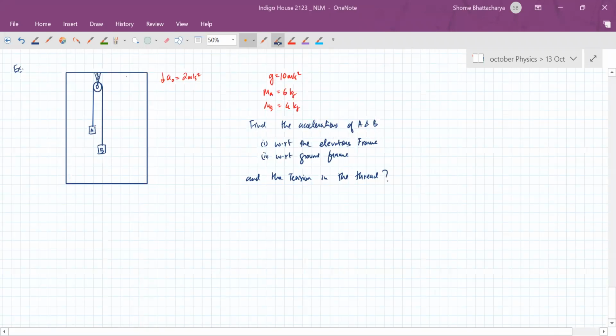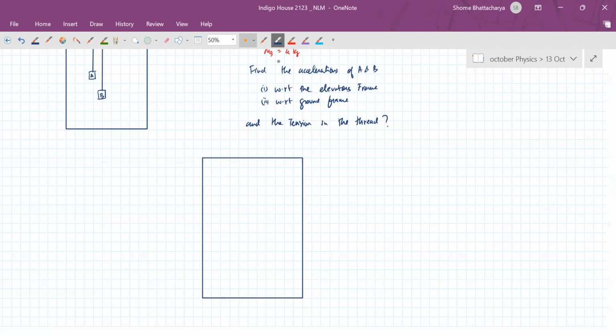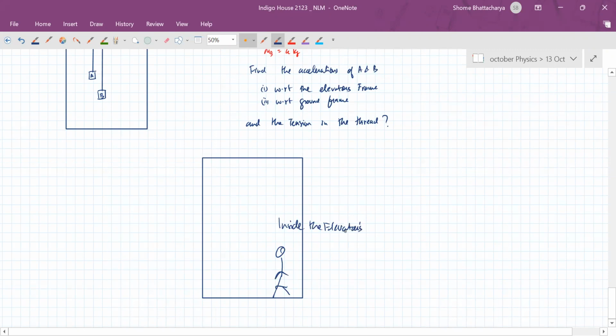So here, one thing you understand straight away is that the motion of the blocks is much easier to understand if we are observing from inside the elevator. Inside the elevator's frame, what we will see is a very simple situation. The blocks are like this at time t equal to 0. This is going down and this is going up. But the pulley remains where it is.